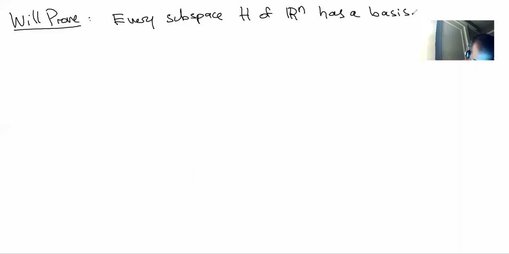Actually, I'm sorry, there's one exception to this. There's one subspace that doesn't have a basis. Can somebody tell me what that is? Is it just the zero vector? Yeah, every subspace that's not zero. Just the zero vector can't have a basis because the zero vector is linearly dependent.